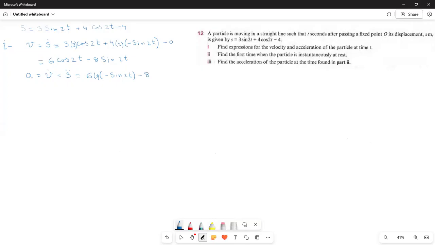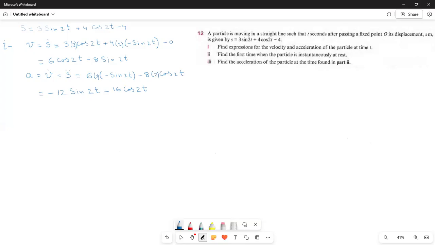Derivative of sine 2t is cos 2t and the derivative of 2t is 2. So if I simplify it a little bit, it's going to be minus 12 sine 2t and minus 16 cos 2t. So no problem up till now.